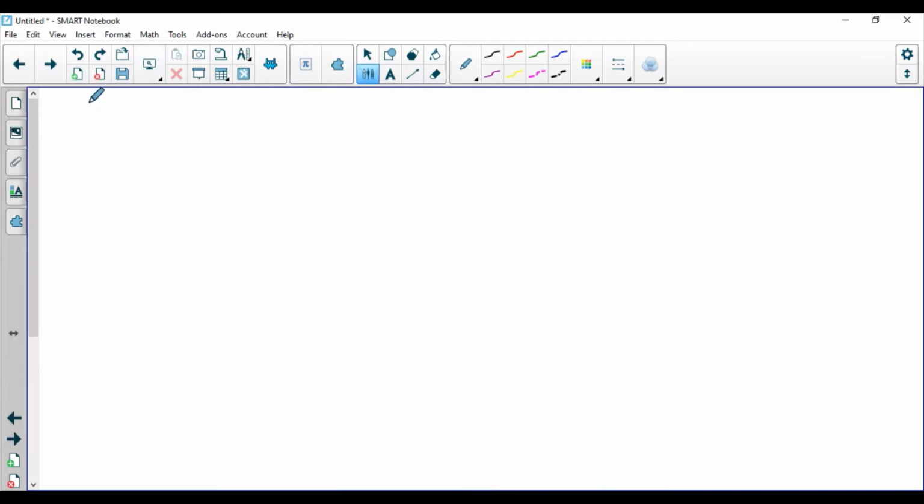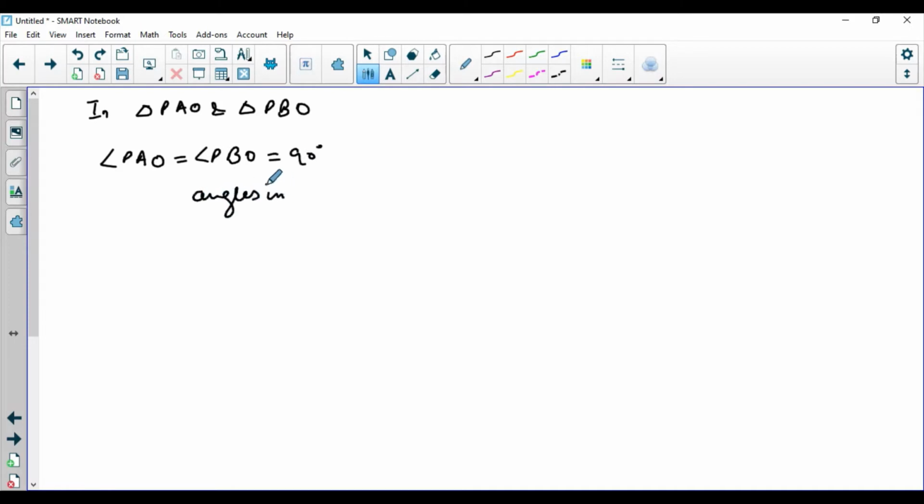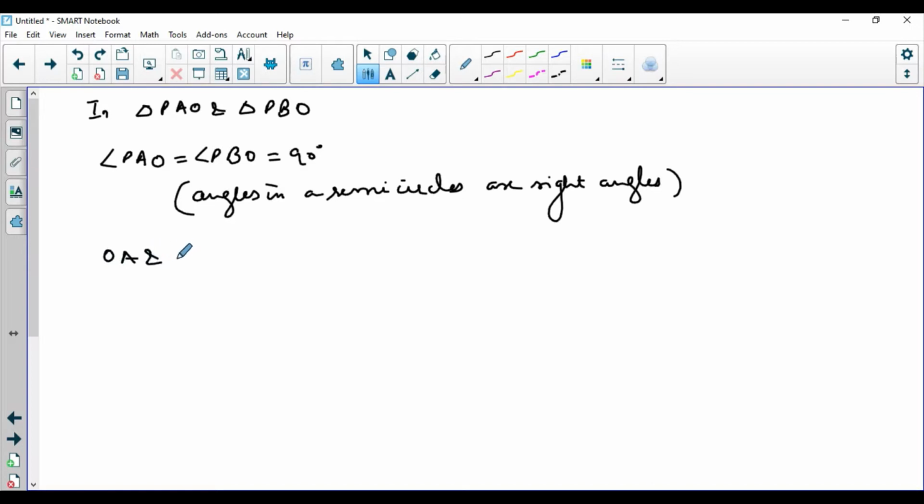Okay, what we can write in triangle PAO and triangle PBO: angle PAO is equal to angle PBO, 90 degrees. Reason will be angles in a semicircle are right angles. Okay, and OA and OB are radius.